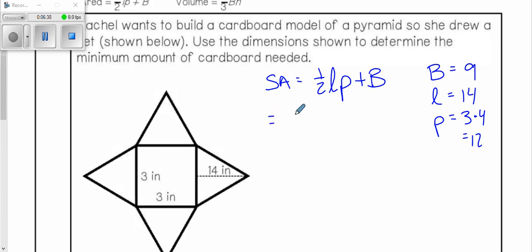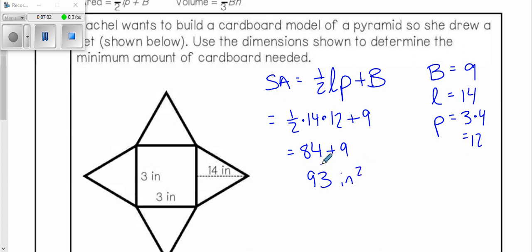So the surface area, the amount of cardboard needed, would be 1/2 times 14 times 12 plus 9. Let's see, 1/2 times 14 times 12 is 84. And 84 plus 9 gives us 93 inches squared as our final answer.